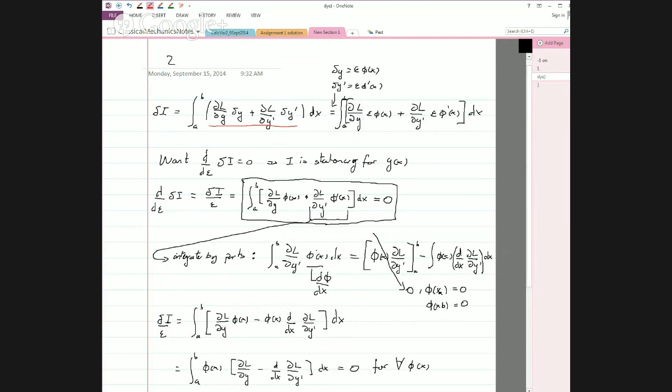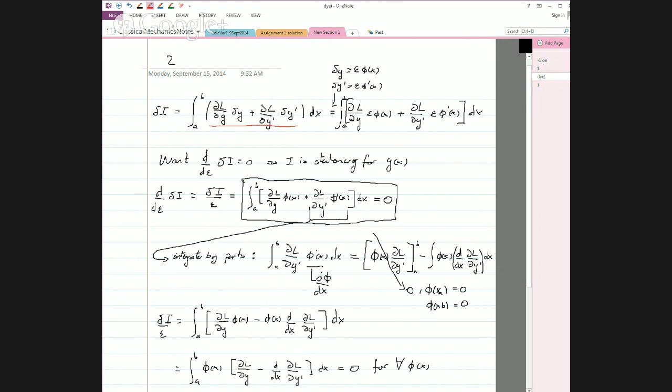There's a ∂L by ∂y delta y and a ∂L by ∂y prime delta y prime. If there was a second y, so y2, there'd be another sum, with a ∂L by ∂y2 delta y2 plus a ∂L by ∂y2 prime delta y2 prime.